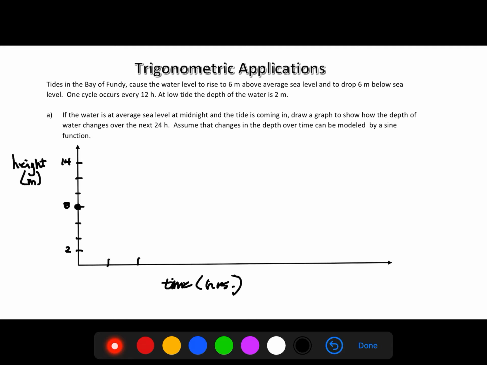On our x-axis, we're going to split these into 3-hour periods. So each 12 hours is split into 4 sections. We're going to have 3, 6, 9, 12, another 3, 6, 9, 12. That's going to get us to 24 hours.